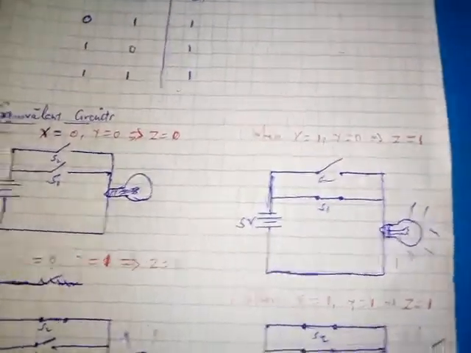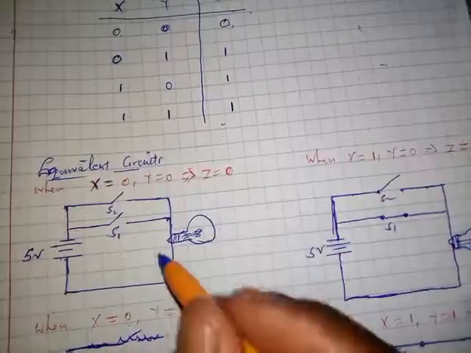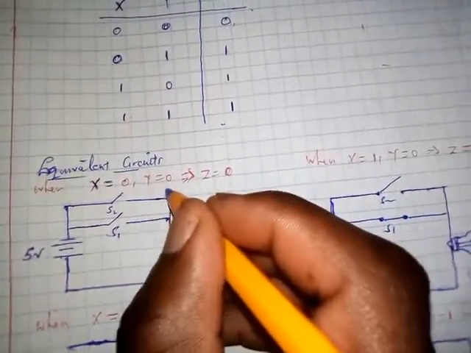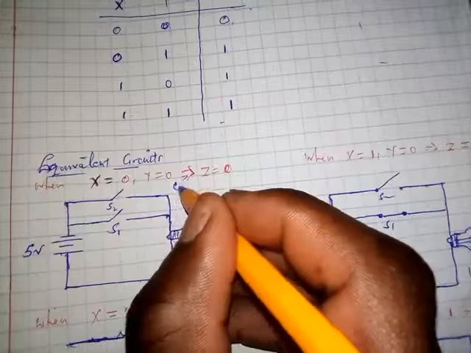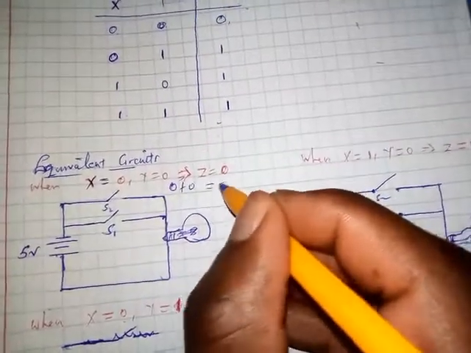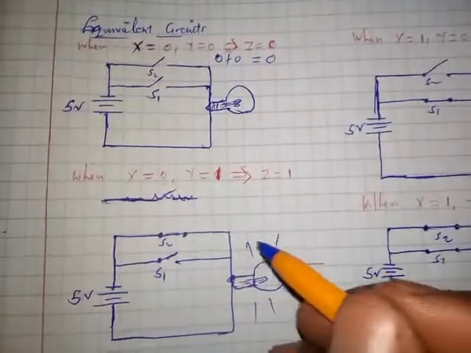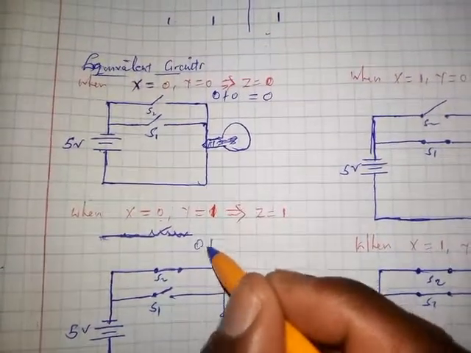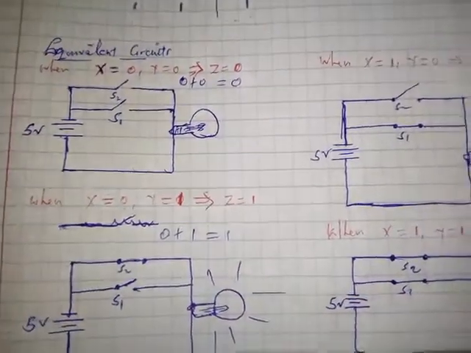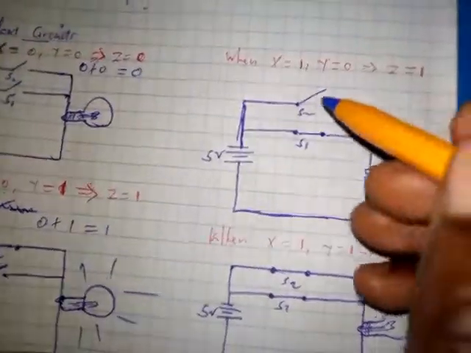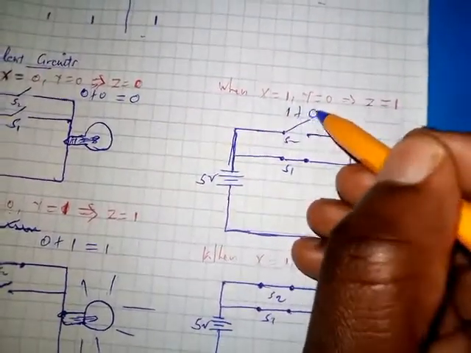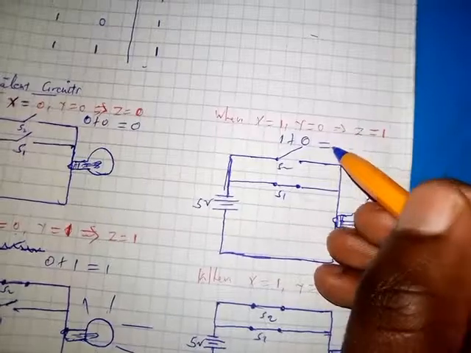Remember, for this one, 0 plus 0 is equal to 0. For this one, it is 0 plus 1 is equal to 1. For this one, it is 1 plus 0 is equal to 1.